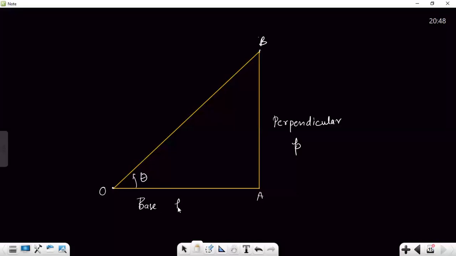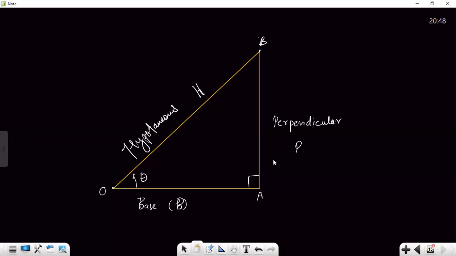Should I refer to it with B only? And the side opposite to the right angle is the hypotenuse. Let me write H for it.